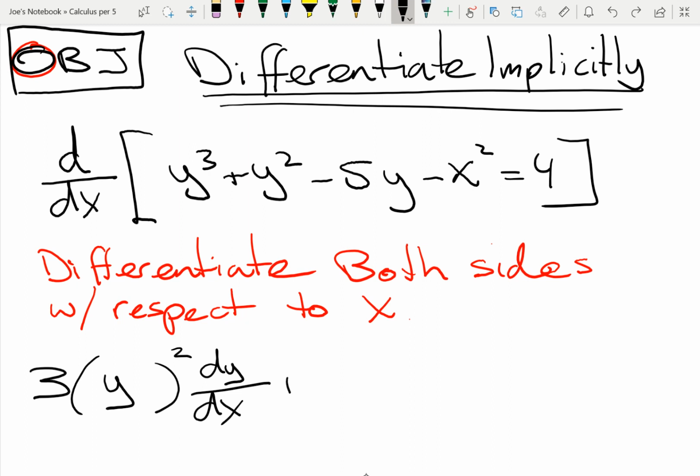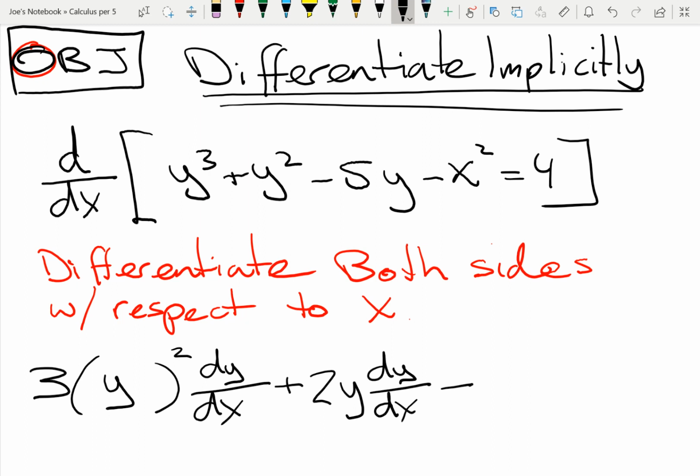So now move on to my next term. Do the derivative as I normally would. It's 2y to the power of 1. Did I take the derivative of something other than x? Yes. So I have to follow with dy dx. Do it again. Minus 5 times the derivative of y, so that's 1.